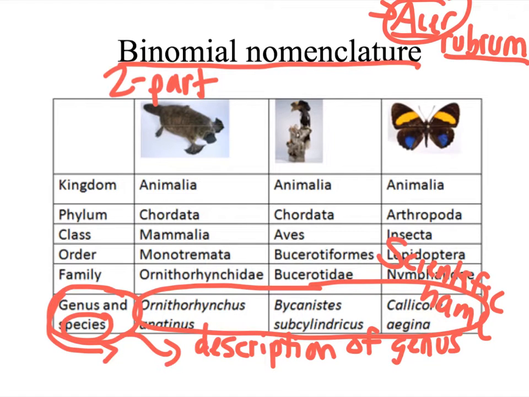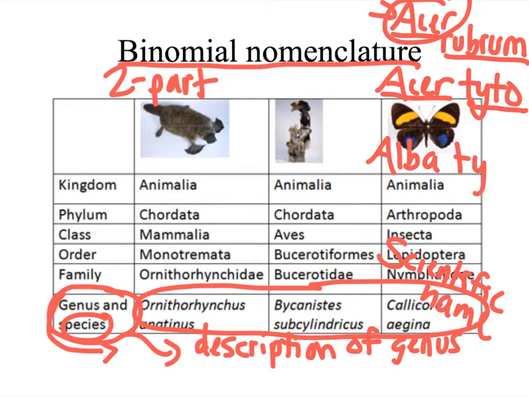If I had something like, let's say, Acer tito, well, here's another maple, and this would just be another description of that particular genus. But what if I had something like this? Alba tito.